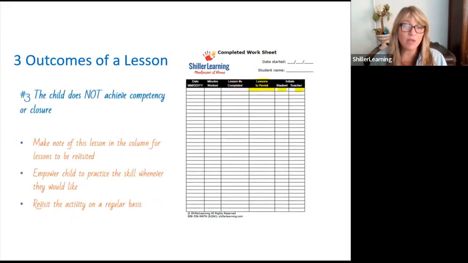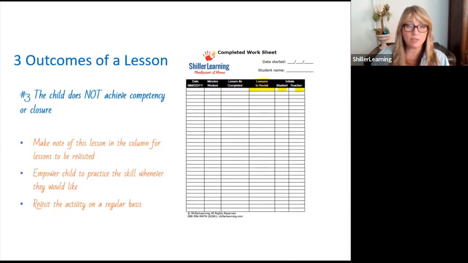Now, third possible outcome is that they don't have competency or closure. So in that case, it's easy for us as parents to say, okay, this is one of those things that's going to go in that column for lessons to be revisited. And no stress, we are not feeling held to some artificial timetable.